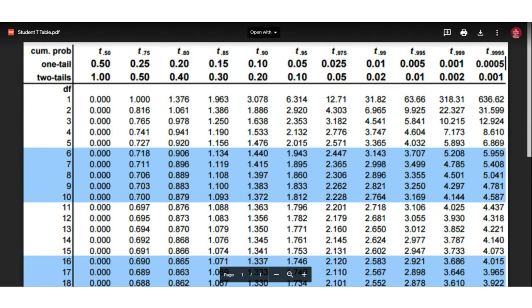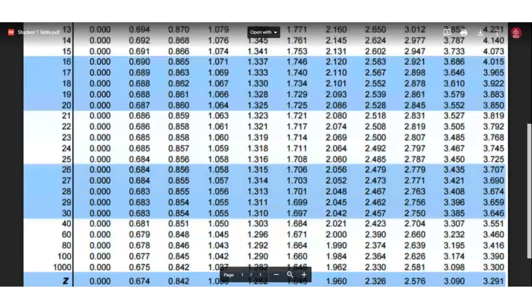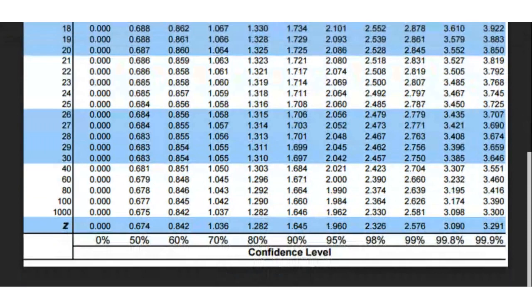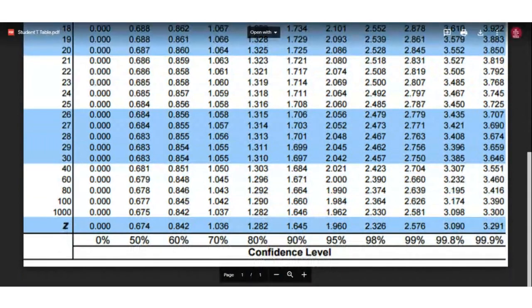Now, there's kind of 2 ways to do it. What did they say the percent was? 98%. Well, in order to avoid confusion, if you go all the way to the bottom, you got 98% right there. That's the easy way to do it.